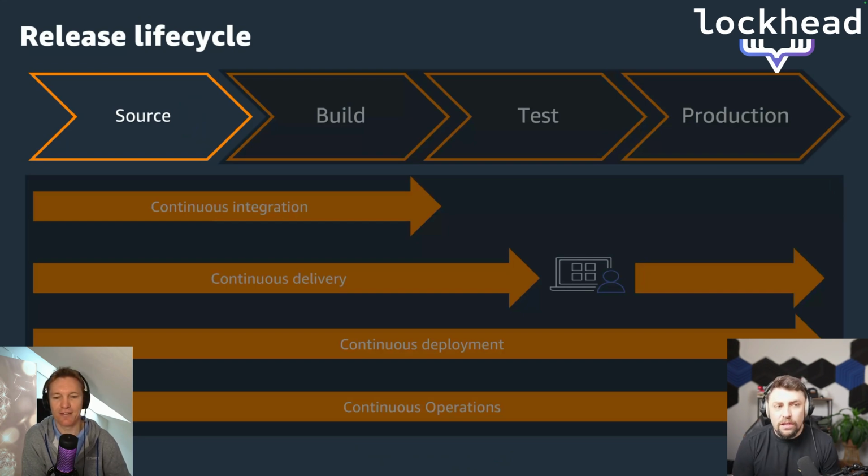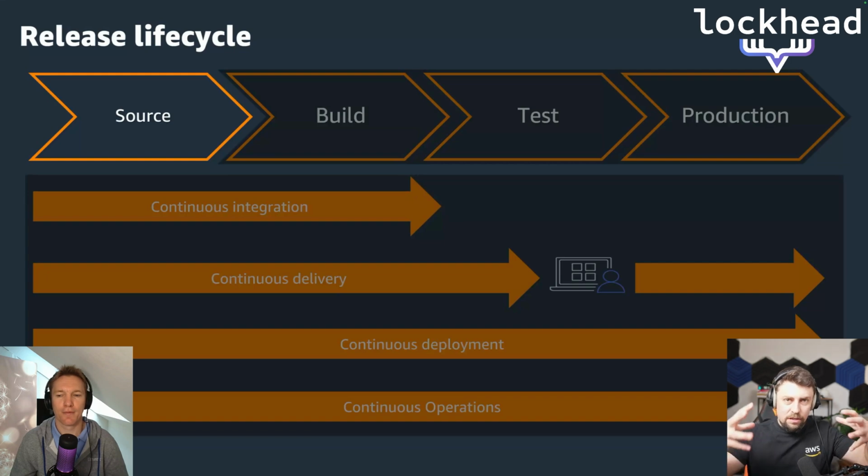Continuous integration starts when you merge the result of your work to Git or another source code repository. I don't know, maybe you still use SVN, for example, or something else. First of all, with continuous integration, the main word here is integrate. So when you merge your changes, for example, I wrote some new functionality during the last couple of days.